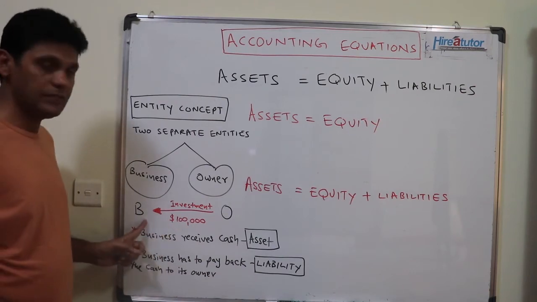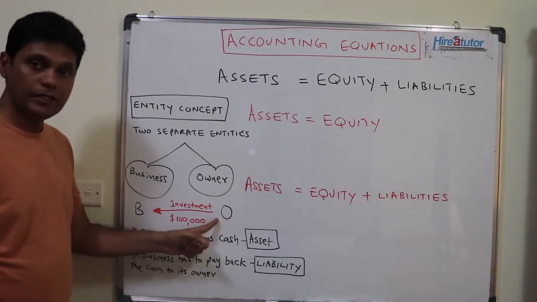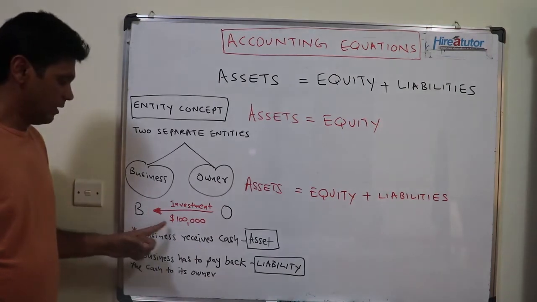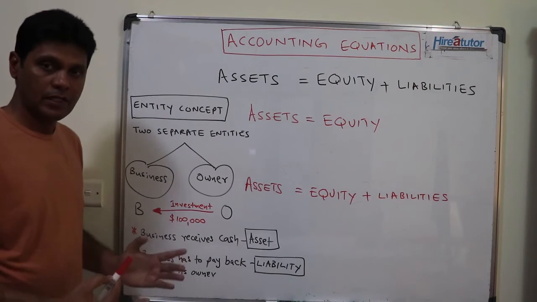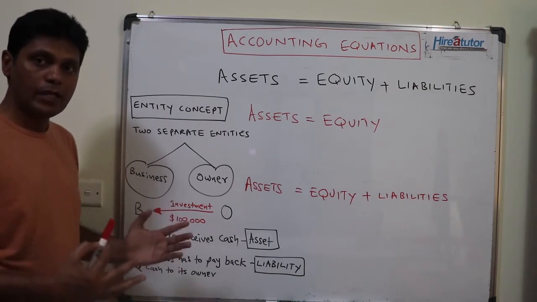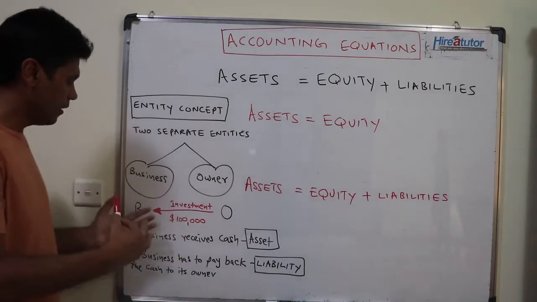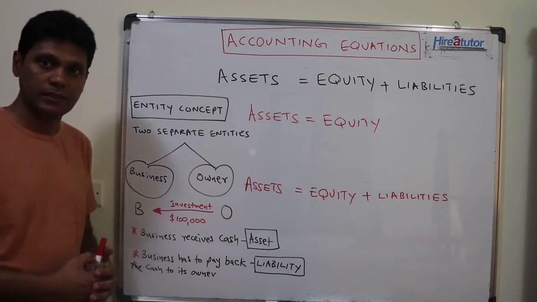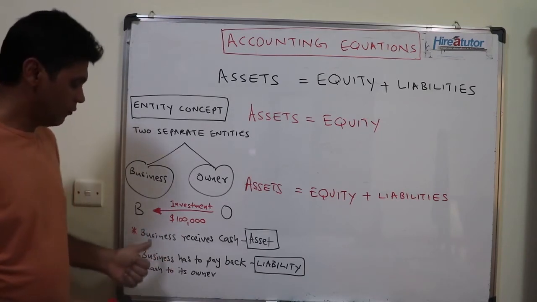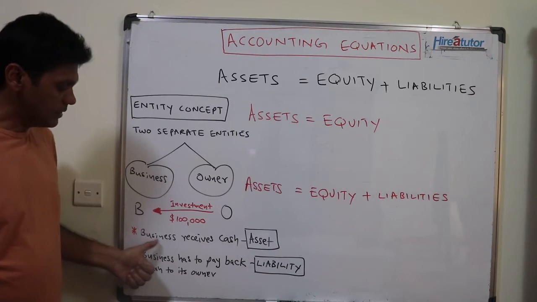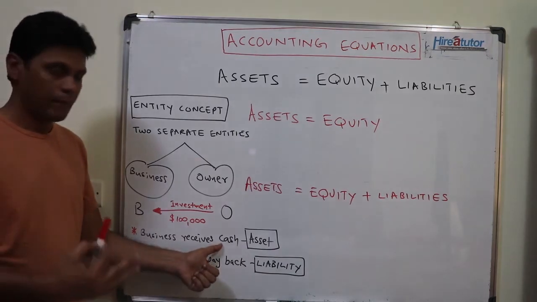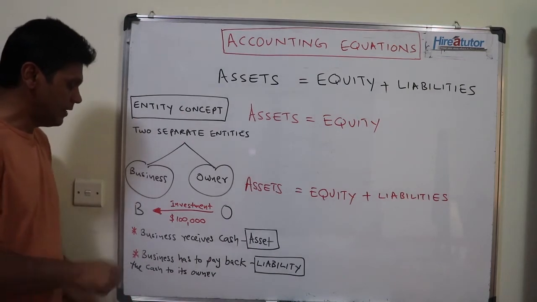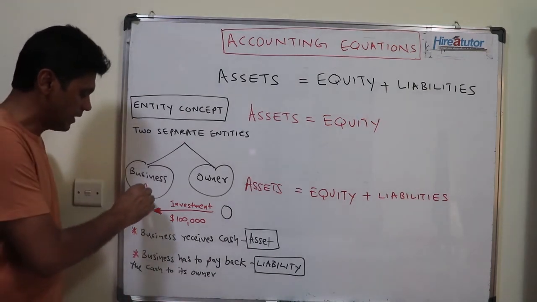$100,000 in the business. When the owner invests money in the business, what is the impact? There will be two impacts on the business. What are the two impacts? First, the business receives cash.